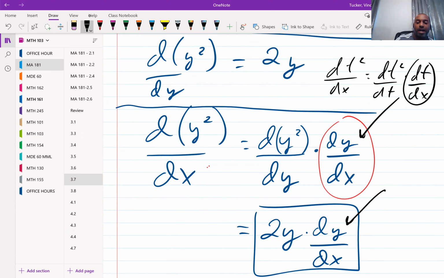Notice how dy dx is still there, because you cannot take the derivative of it fully when you're taking the derivative with respect to another variable. So this piece right here will still be left.